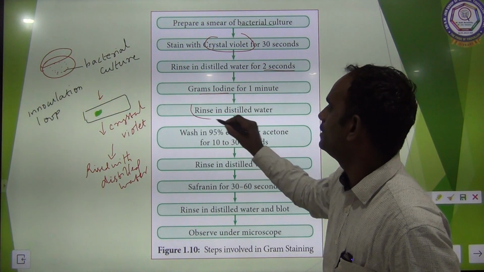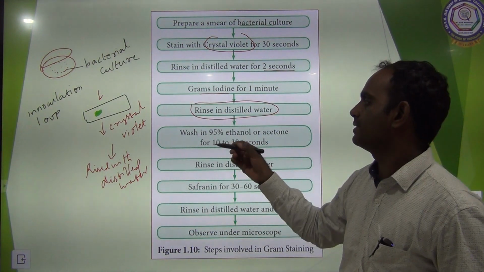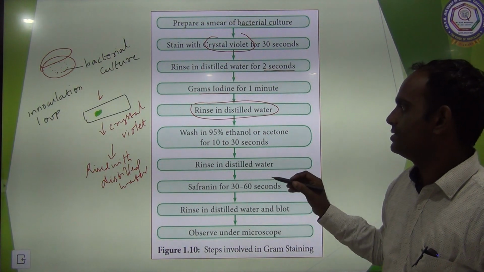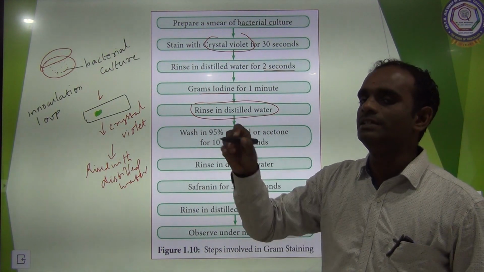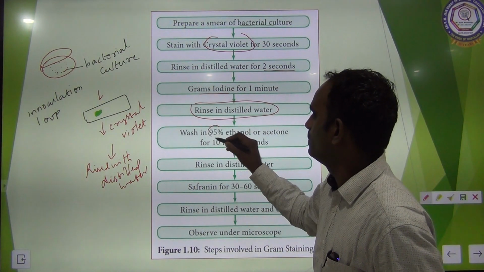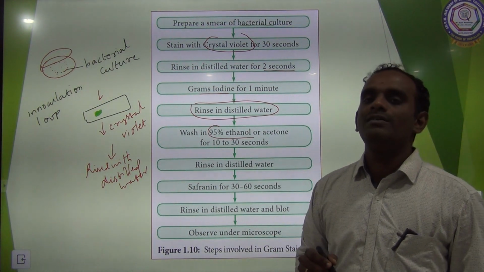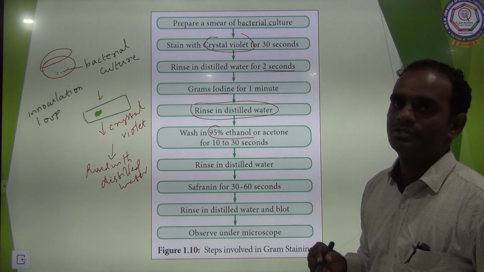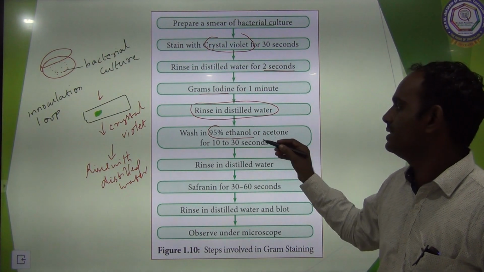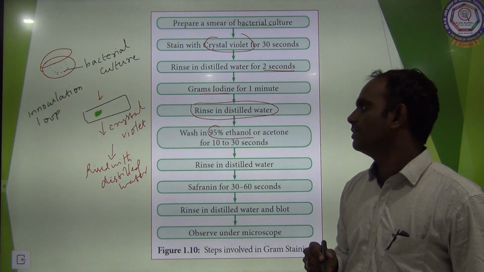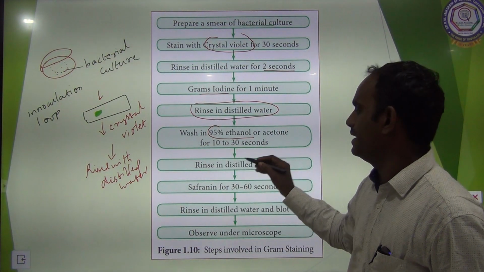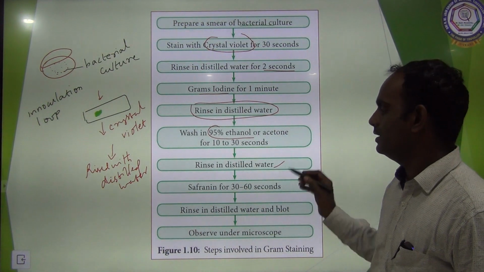Again we have to rinse the microbial slide with distilled water. After that wash the slide with 95% ethanol. So ethanol acts as a decoloring agent. Okay, so the decoloring agent here is 95% ethanol or acetone. After that rinse the slide with distilled water.